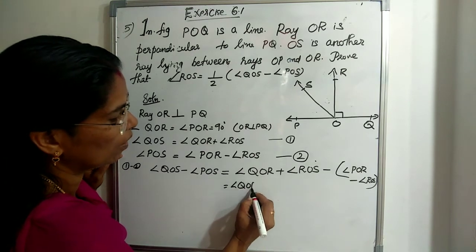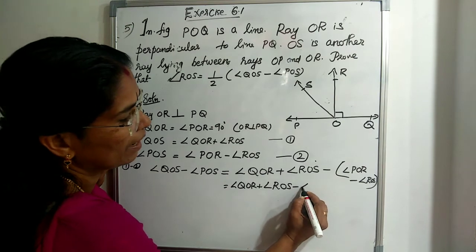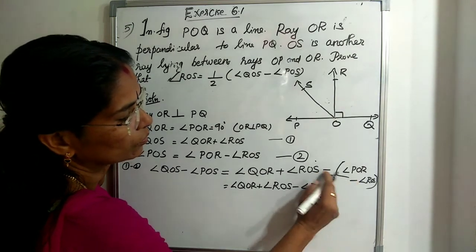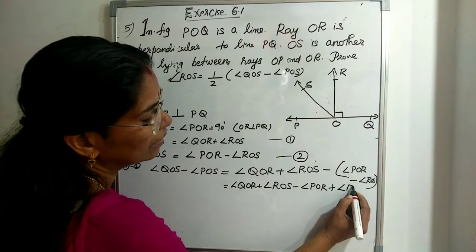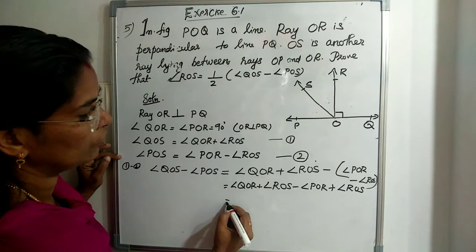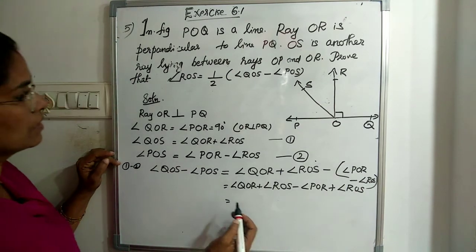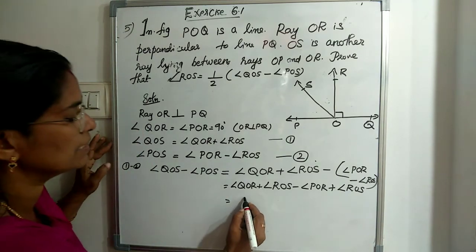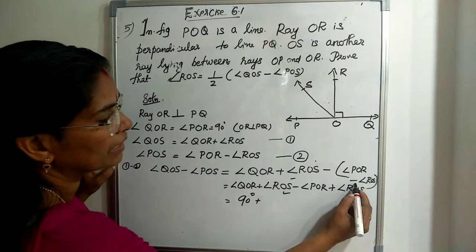Angle QOR plus angle ROS minus angle POR, and here minus and minus are coming together, means it becomes positive, plus ROS. Look here, ROS is coming 2 times. Already the value of QOR we know is 90 degree, and ROS we can add.